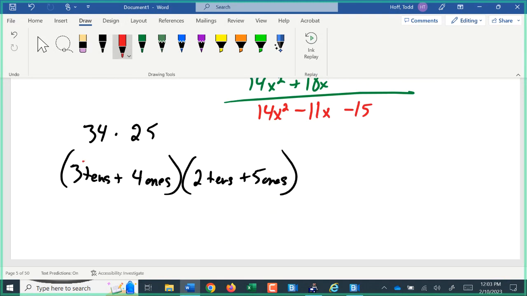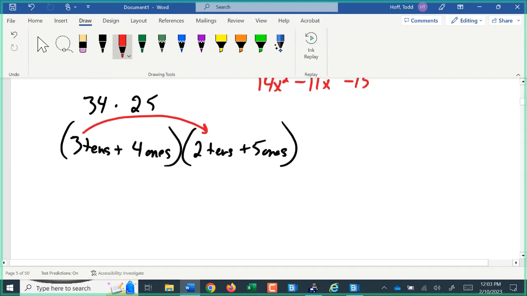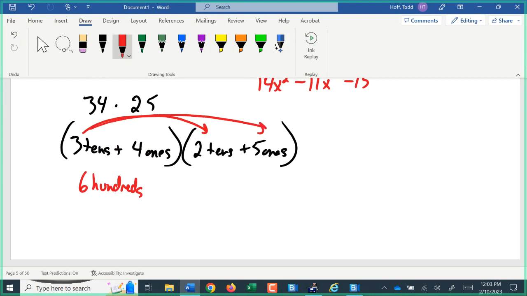Where we did 3 tens times 2 tens is 6 hundreds. 3 tens times 5 ones is 15 tens. So I'm going to keep the 5 tens and carry the 100.